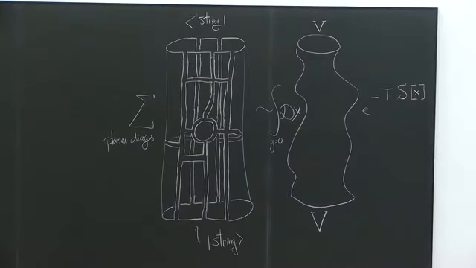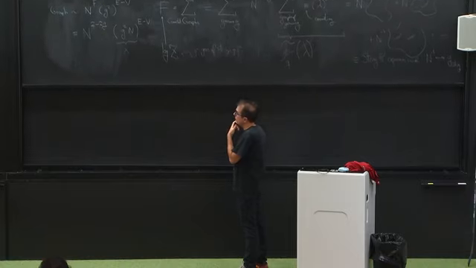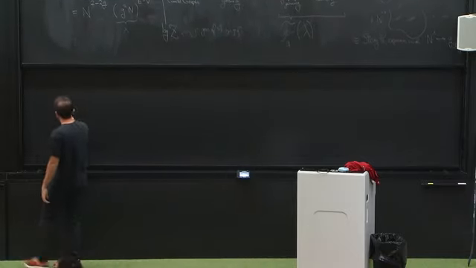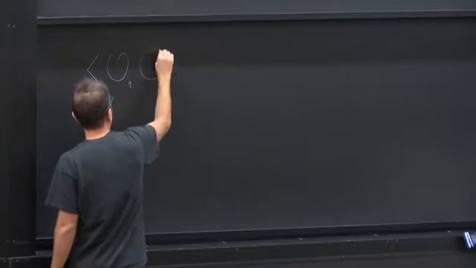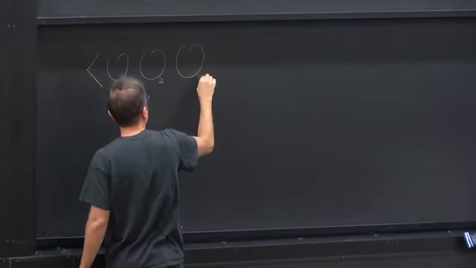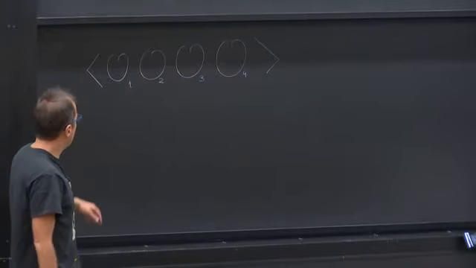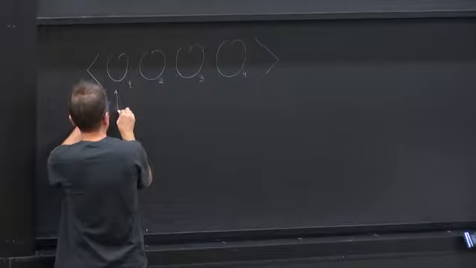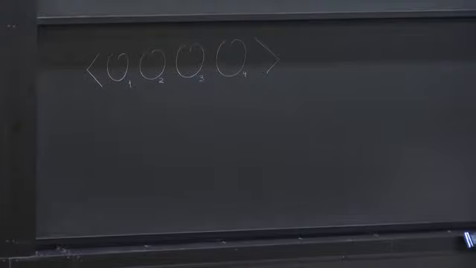Now let's think a little bit about the two strings propagating. If I have two strings, I would have one operator O1, O2, O3, and O4. We have four operators: two in the beginning, two at the end.